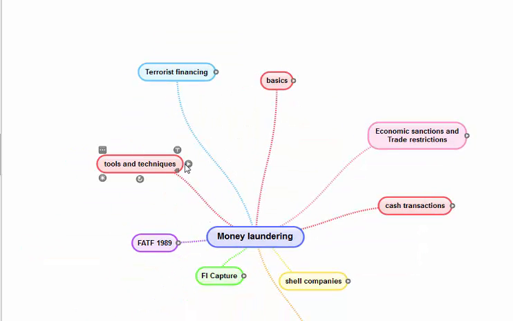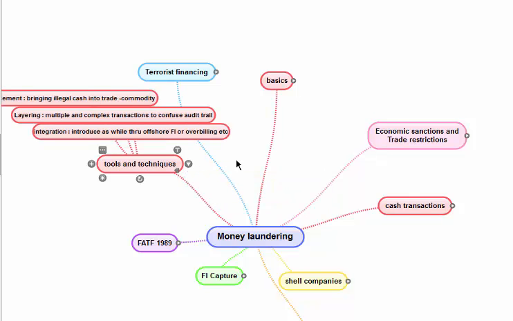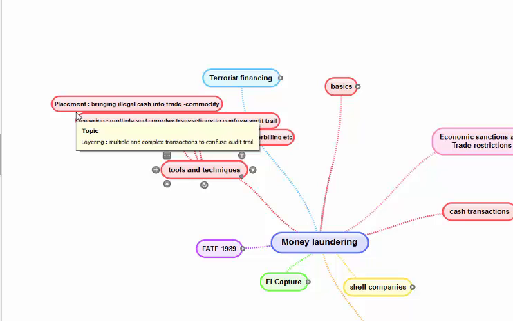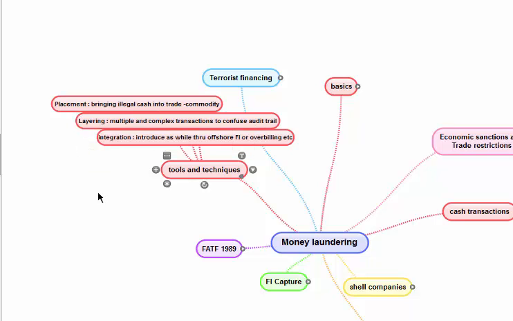What are the tools and techniques used in money laundering? The first stage is placement, where the illegal cash is brought in by means of trade or into a commodity. Maybe jewelers or other small merchants will bring that money into their business. Second is layering. Multiple and complex transactions are carried out to confuse the audit trail, where this money is moved to buy and sell many other goods and services, so that ultimately we will not know that the cash brought in by placement was of illegal origin.